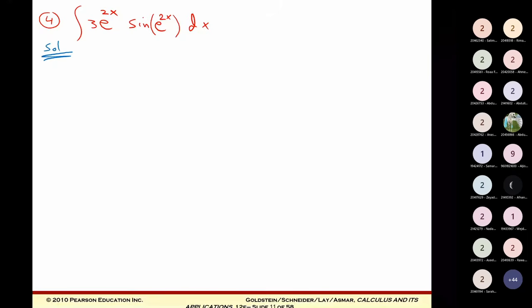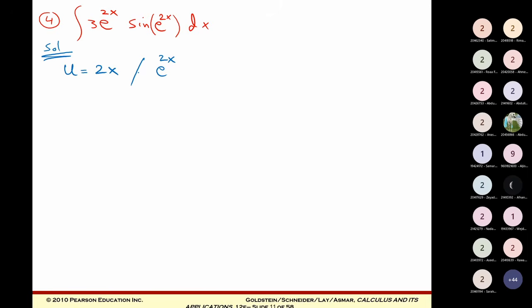If u equals 2x, or u equals x... okay, another one, e to the power 2x. What should u equal here? We need to choose the value of u.